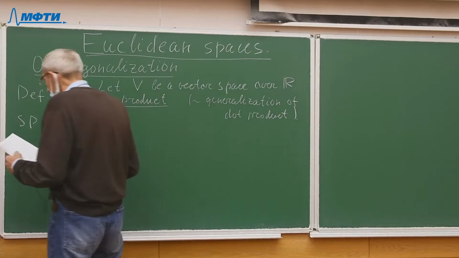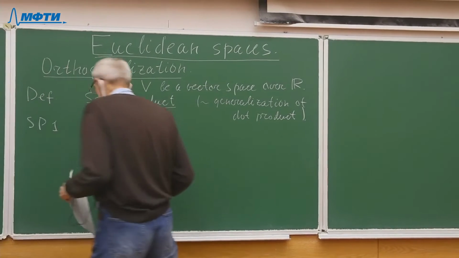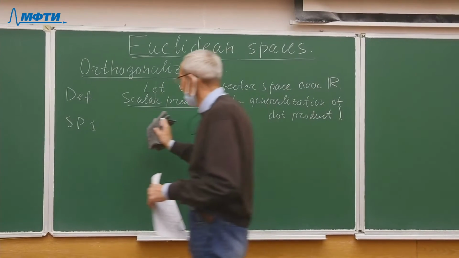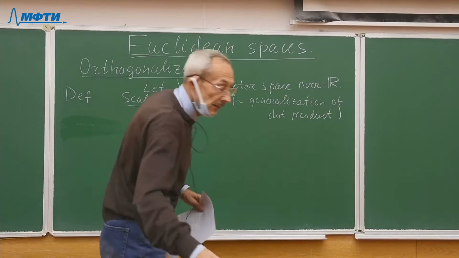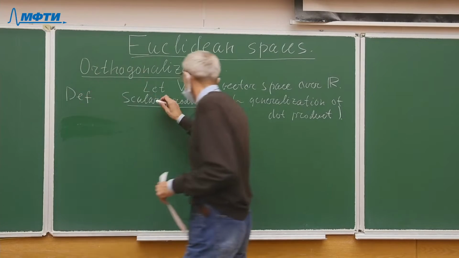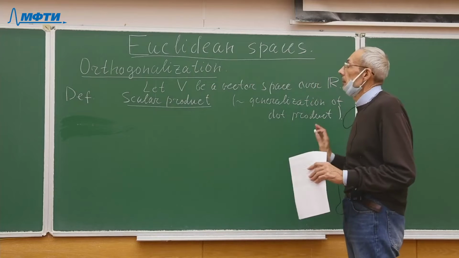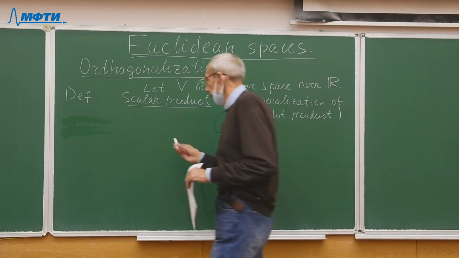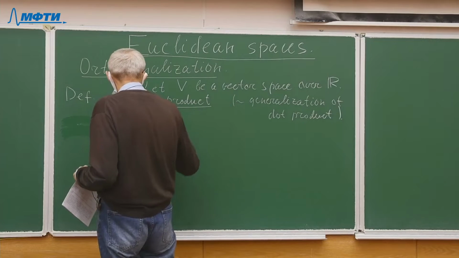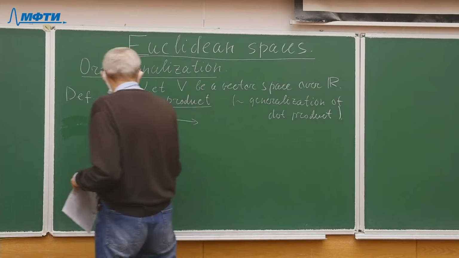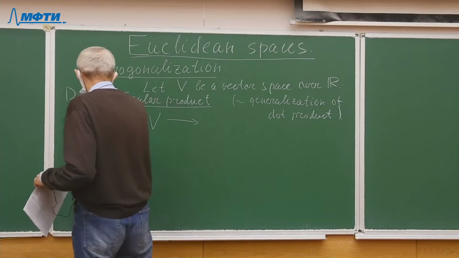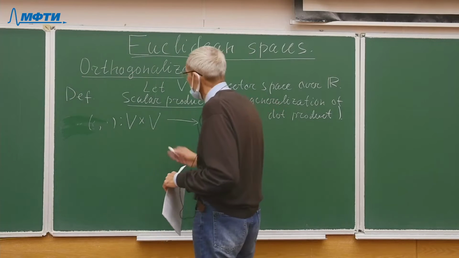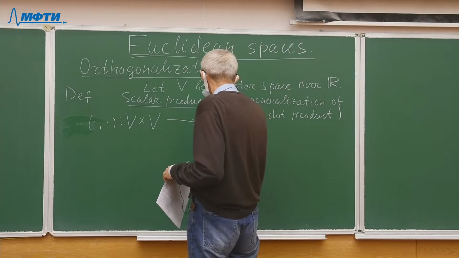Namely, the scalar product is the following assignment. We have an arbitrary vector space V, our real field R, and we define a map which assigns to an ordered pair of vectors from this vector space V some real number.